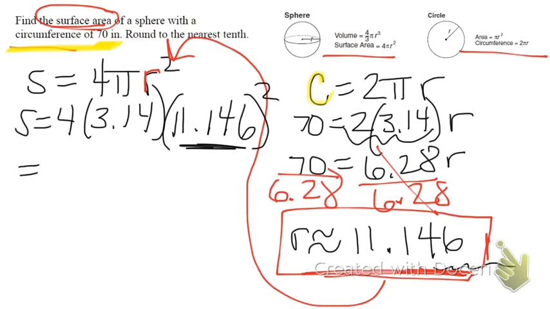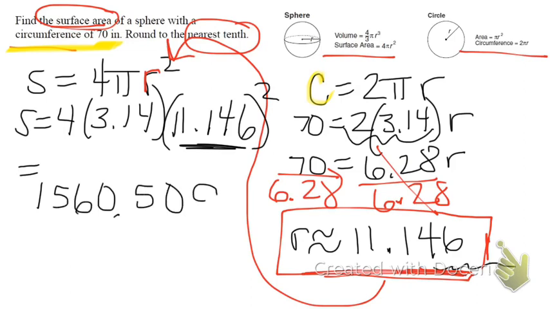And then you're really supposed to round at the end. So now it says rounded to the nearest tenth. So I get 1,560.509, but if I'm going to round it to the nearest tenth, which is this digit, the 9 was irrelevant, and the 0 tells me to leave this 5 a 5.